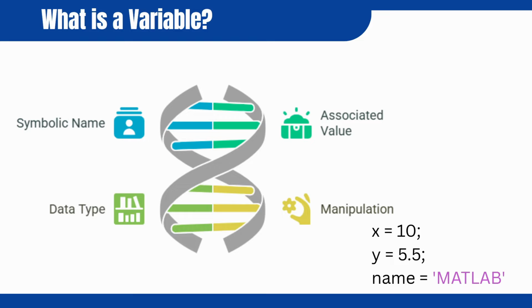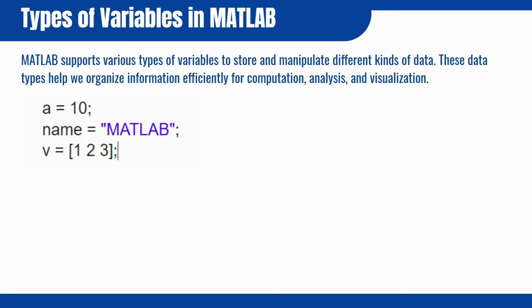We will discuss what variables are, how we can store them, their names and many more. Here are the types of variables in MATLAB. MATLAB supports various types of variables to store and manipulate different kinds of data. These data types help us organize information efficiently for computation, analysis and visualization.